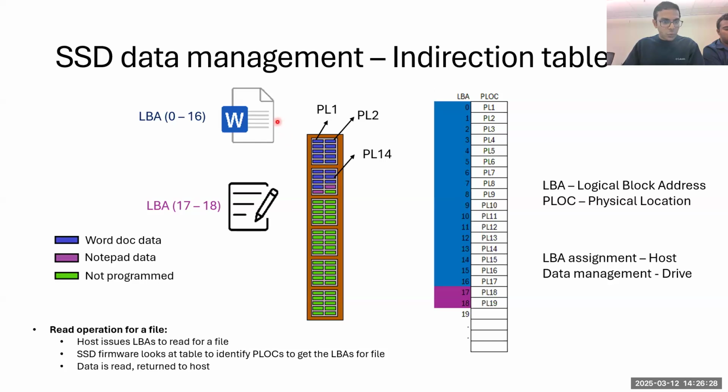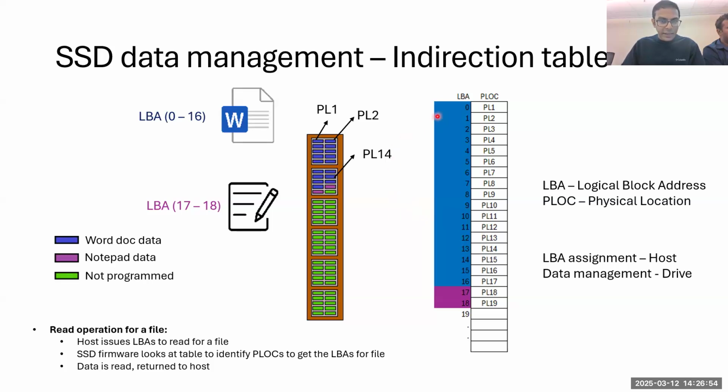So now what would happen is, when this Word file is requested for a write to this SSD, it would be written to these sections or physical locations on NAND. And the firmware in the SSD that maintains this table would be updated to tell us where the data is located. As you can see, this is all populated now, indicating the data has been written to the solid state drive.